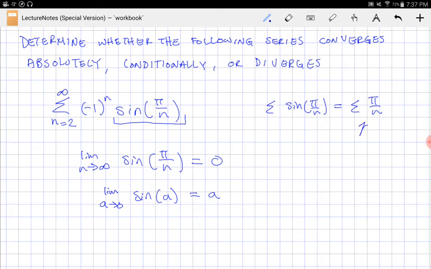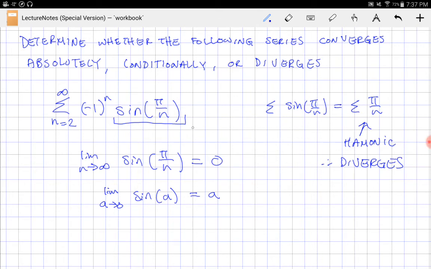And since this is a harmonic series, this is actually the harmonic series times pi, we know that this diverges. So we know that the absolute value of this series diverges.